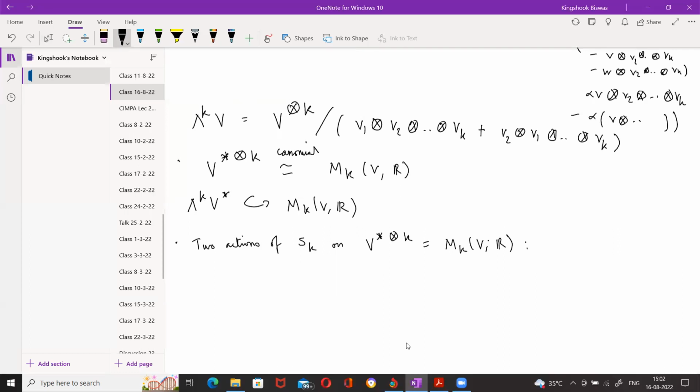So one is the standard action. So sigma dot alpha of v1 to vk is just alpha of v sigma 1 to v sigma k. Right, this is the standard action.